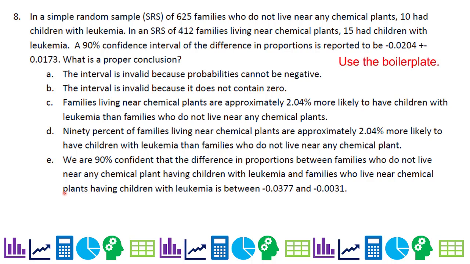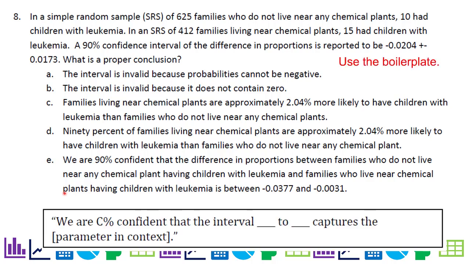Well, let's use the boilerplate for conclusions. We are blank % confident that the interval blank to blank captures our parameter in context. So the only one that looks remotely like that. We are 90% confident that the difference in proportions between families who do not live near any chemical plant having children with leukemia and families who live near chemical plants having children with leukemia is between negative 0.0377 and negative 0.0031.